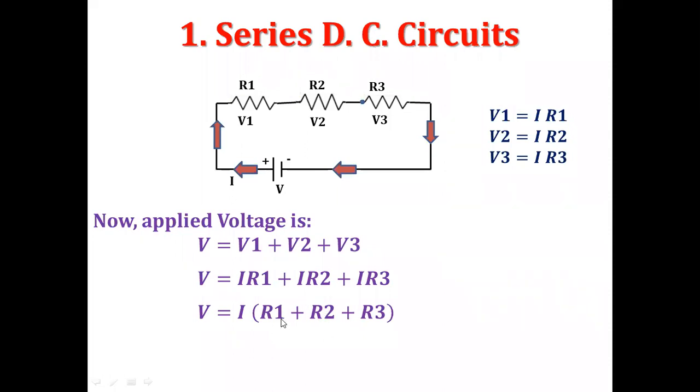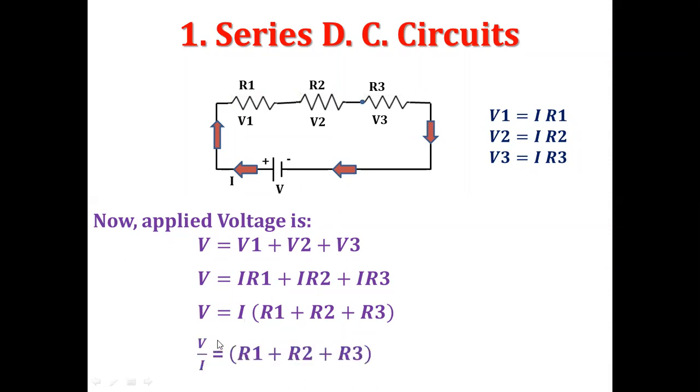RT is nothing but R total. Total resistance of this circuit is RT equal to R1 plus R2 plus R3. Total current of this circuit is I only. Total voltage is the total voltage applied here. So V equal to I RT we can write down.